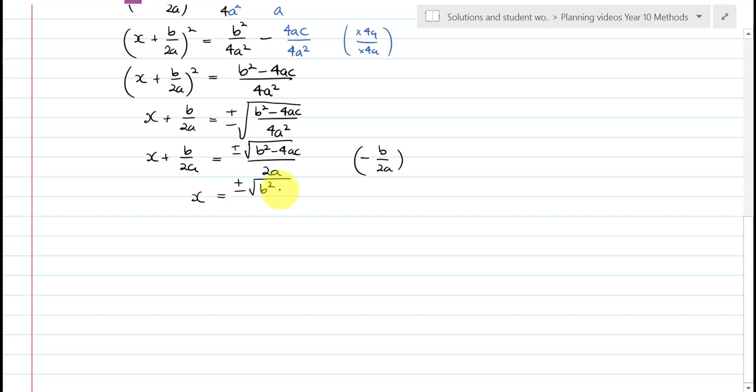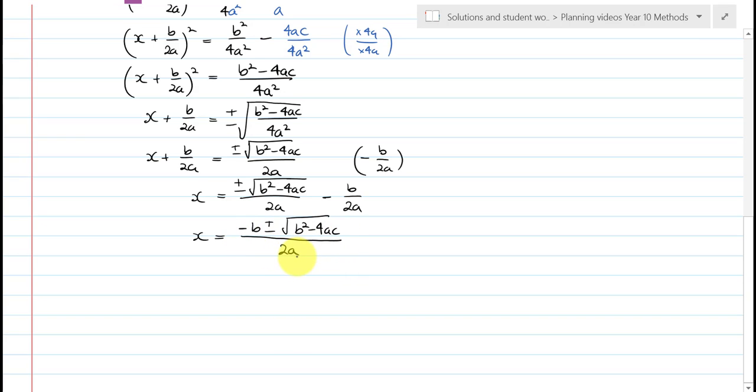The square root of b squared minus 4ac over 2a minus b over 2a. And now I'm going to write this in its final form. The minus b over 2a, you'll notice that both denominators are already the same. And so I can write this down as minus b at the front plus or minus the square root of b squared minus 4ac over 2a.